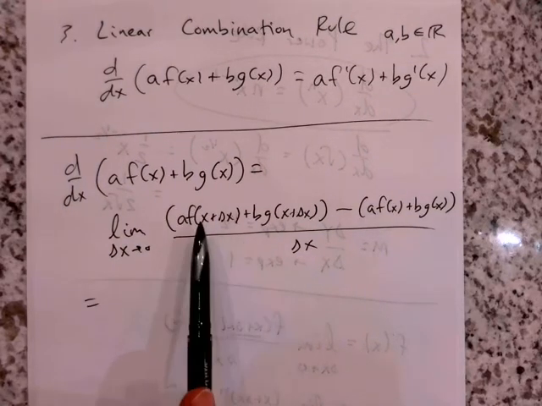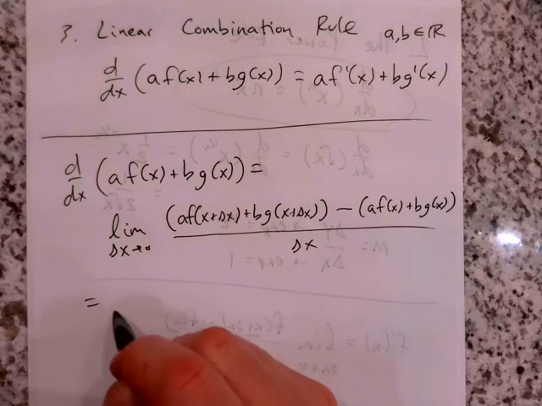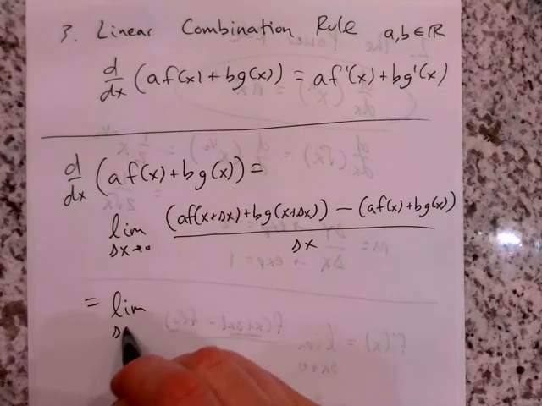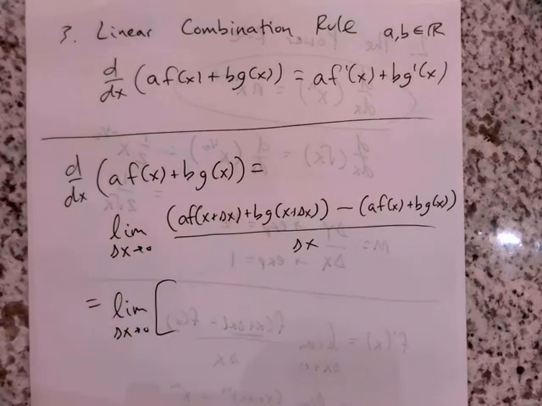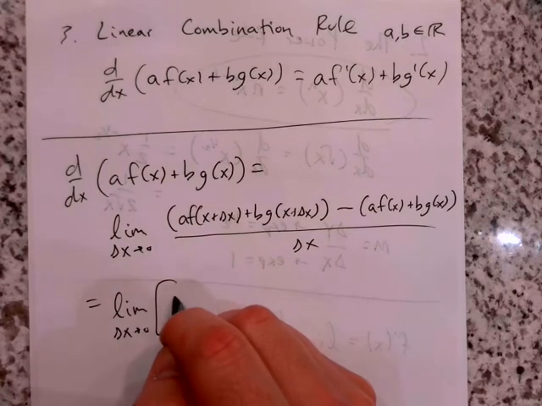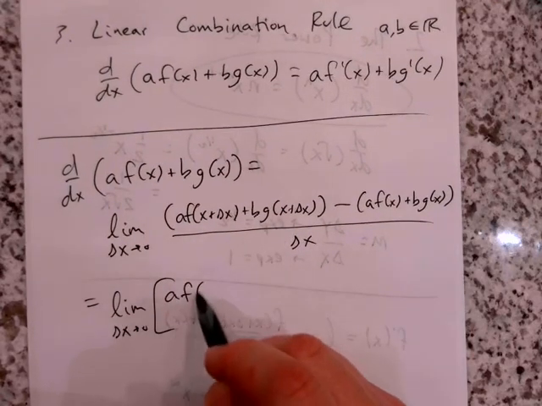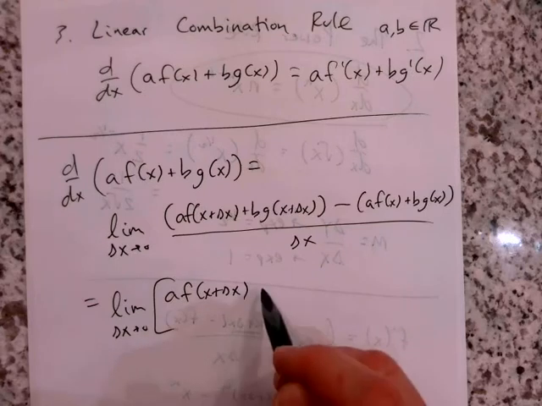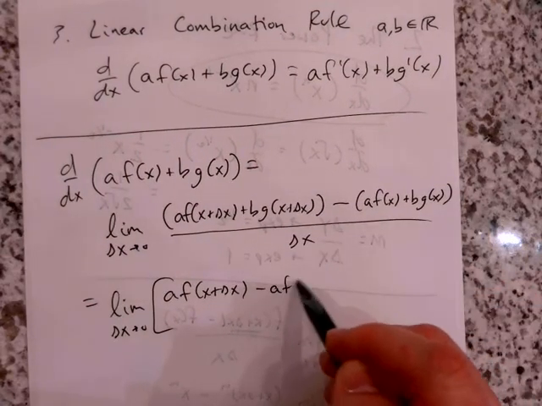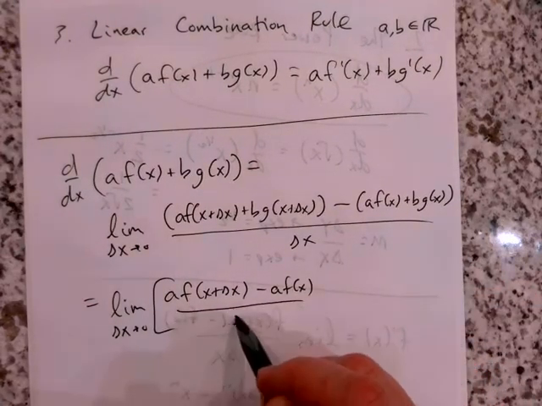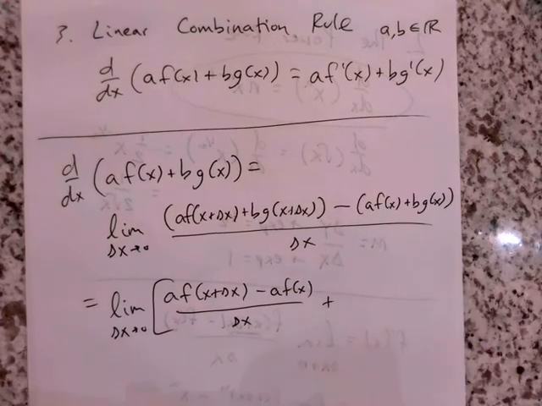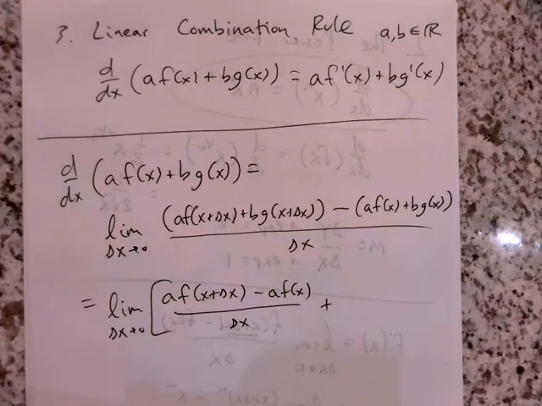We're just going to group our f terms with each other. So we have the limit as delta x approaches 0. When I group all of my f terms, I have a f of x plus delta x minus the a f of x, and we'll make that into its own fraction. Plus, I'll group all the g terms.